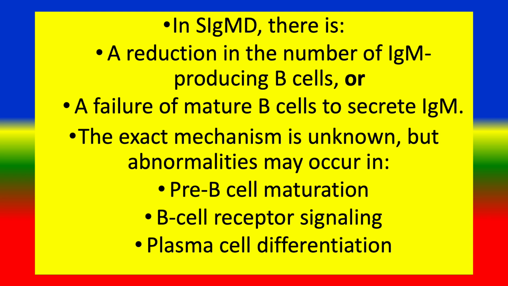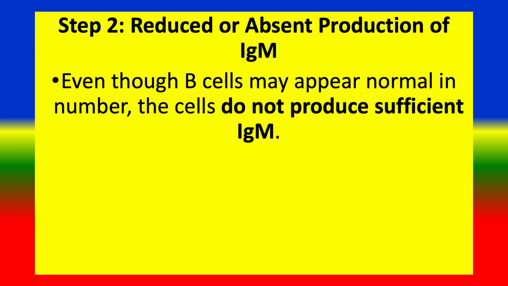The exact mechanism is unknown, but abnormalities may occur in pre-B cell maturation, B cell receptor signaling, plasma cell differentiation. Step 2.